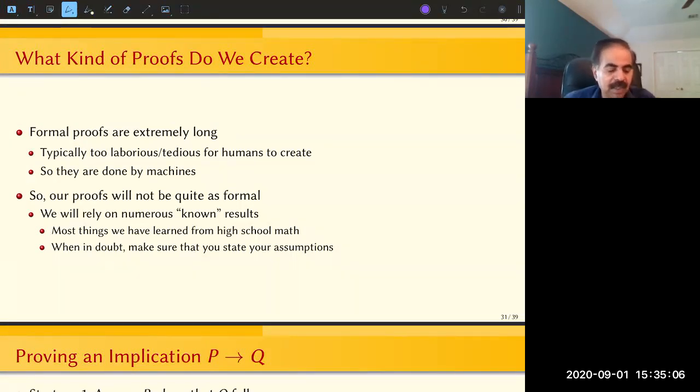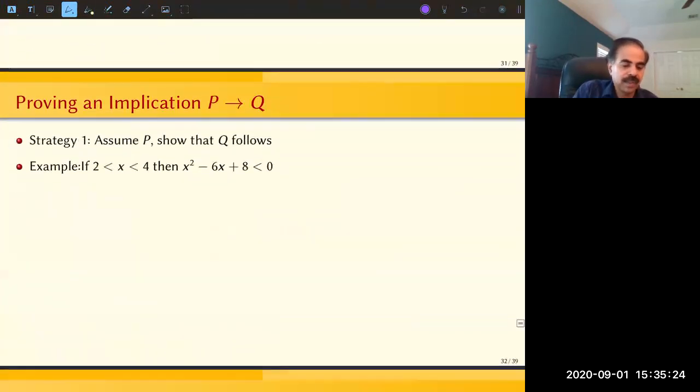The results can be thought of as inference rules, axioms, intermediate theorems, whatever you want to think of them as. But then we will draw on all of those to try to prove our result.